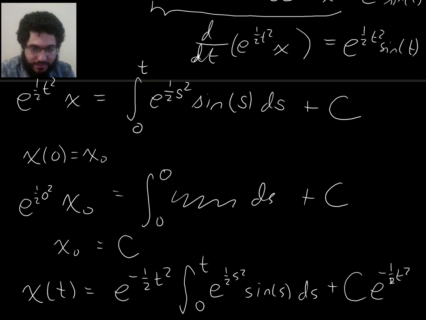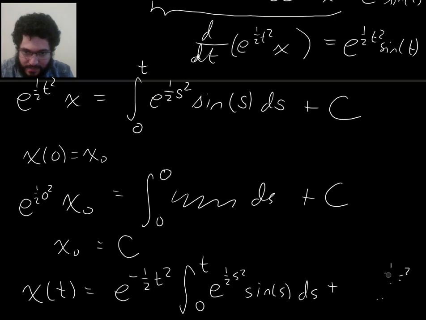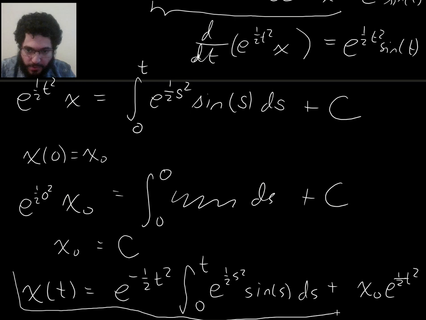Sorry, not c. We have now solved for c. Here I've got x naught times e to the minus 1/2 t squared. So there's my solution. And it's a perfectly good solution even if I have not computed the integral.